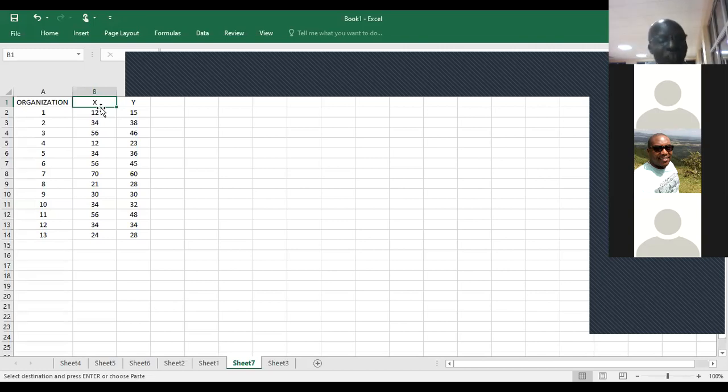When you have more than one independent variable, then the model you'll be building is a multiple regression model. If there's only one independent variable, it is simple. If there are 2 and above, it is multiple. That's the first thing you need to note here.